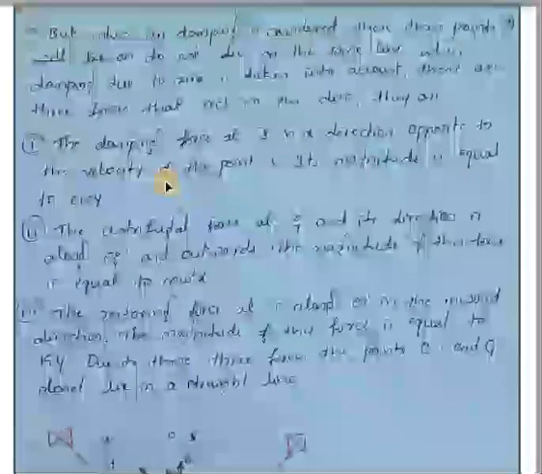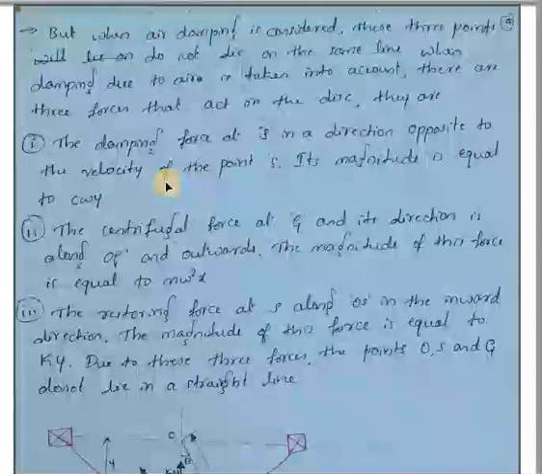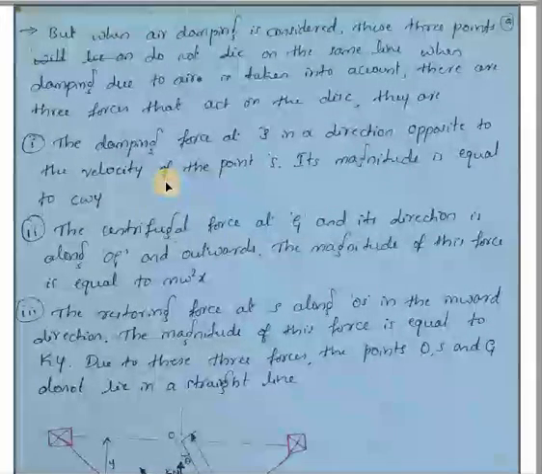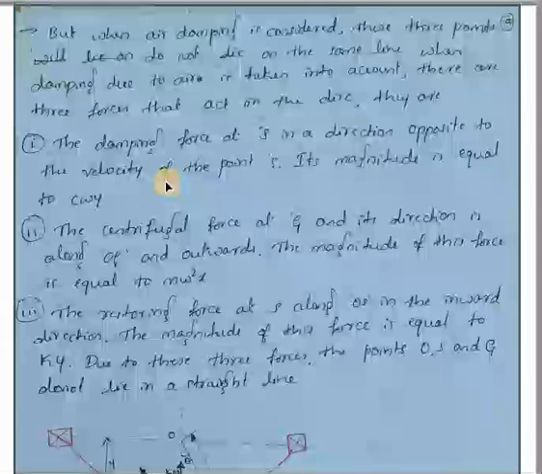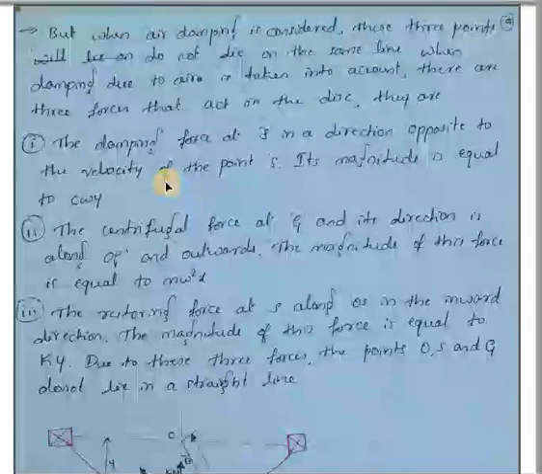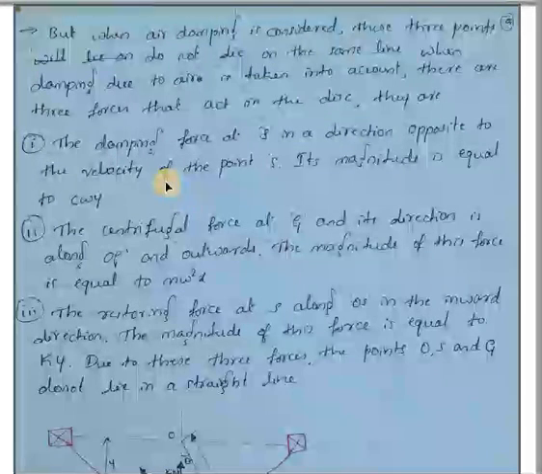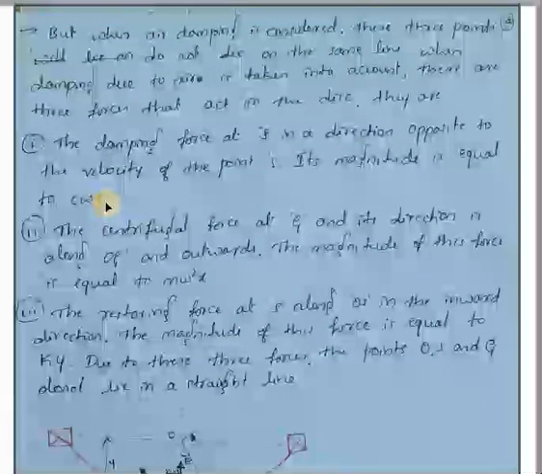When damping due to air is taken into account, there are 3 forces acting on the disc. First one is the damping force at S in a direction opposite to the velocity of the point S. Its magnitude is equal to c into omega into y.